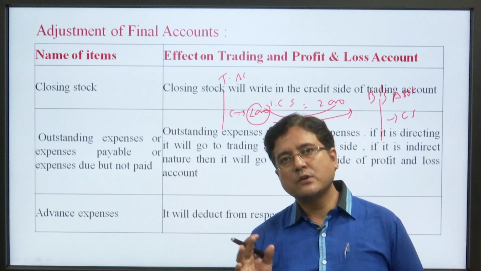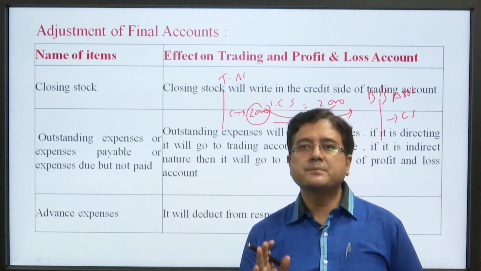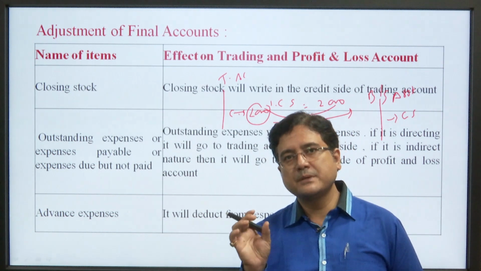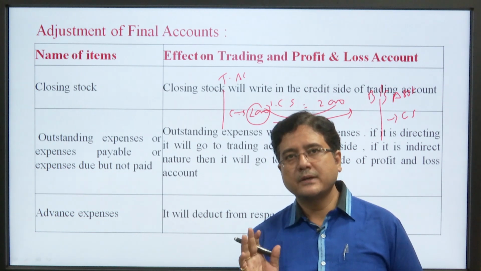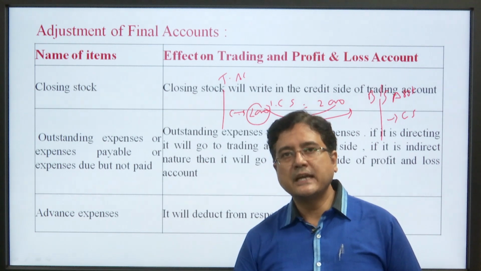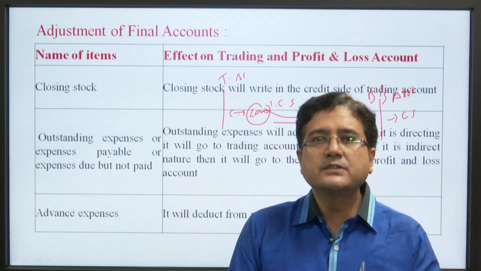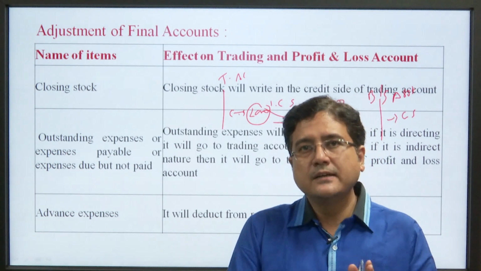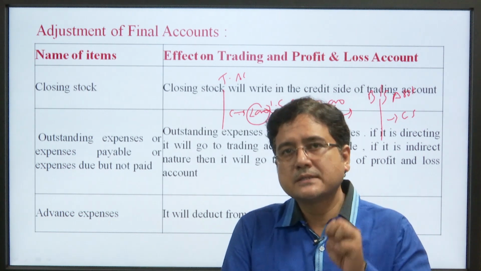We deduct the amount, say 10,000, whatever the premium is, from the insurance premium head in the profit and loss account, and add it on the asset side of the balance sheet under the name prepaid expenses.